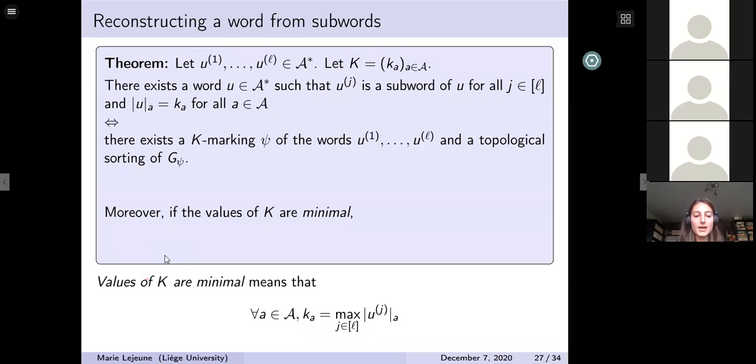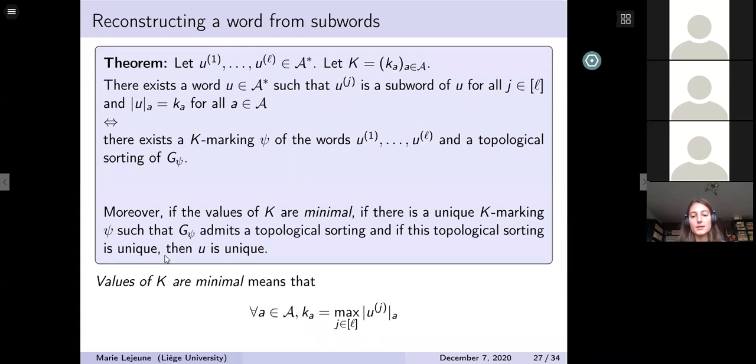So if this K is minimal, if I can find a unique K marking admitting a topological sorting of the associated graph, and if this topological sorting is also unique, then the word U that satisfies this is unique. So I can find a unique word having all these words as subwords and satisfying this condition.